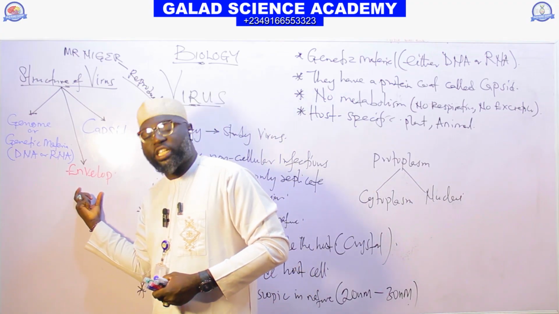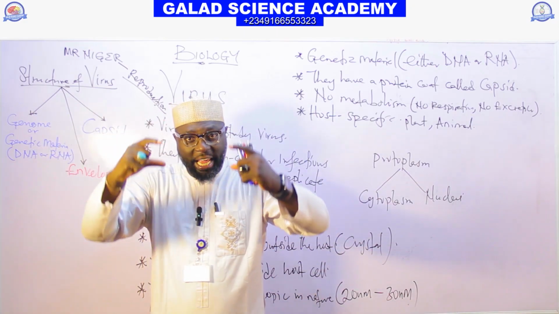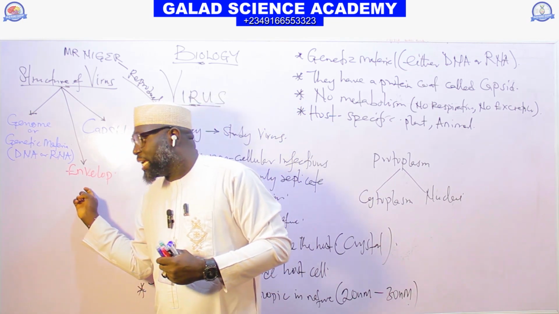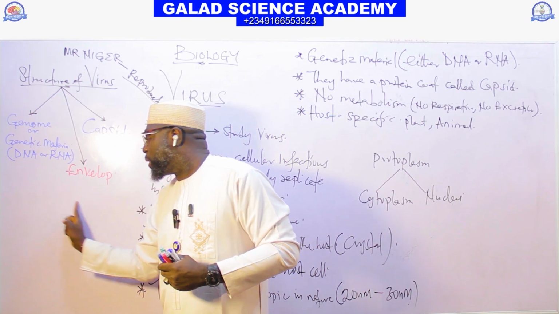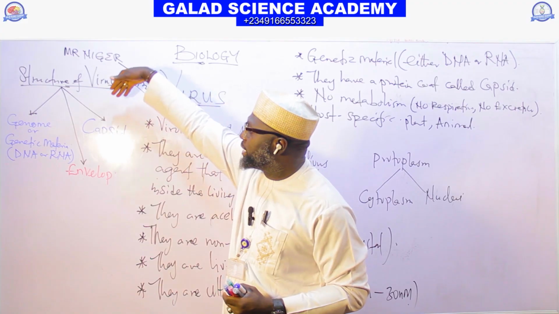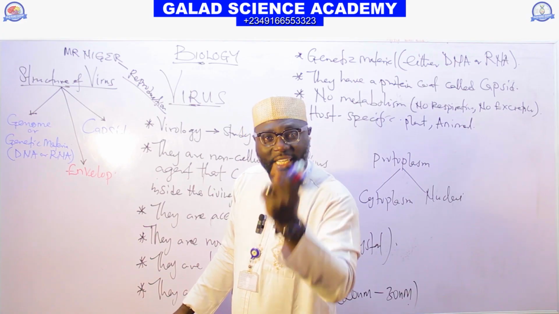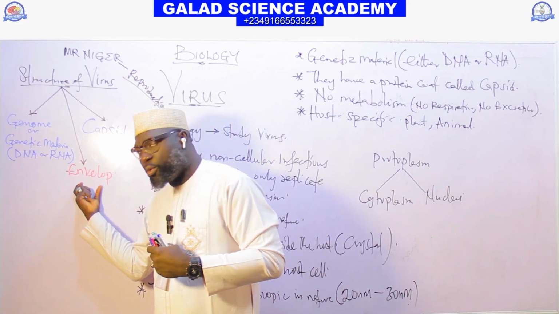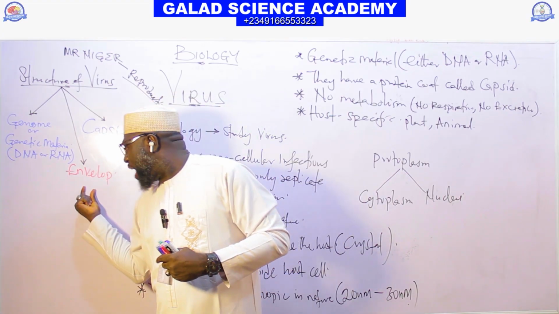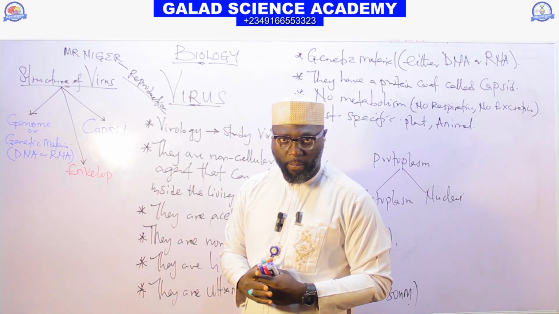And this envelope, which is optional, is a lipid layer which is produced from the membrane and surrounds the entire virus. Any virus that lacks envelope is called a naked virus. Any virus that contains envelope is called an enveloped virus.